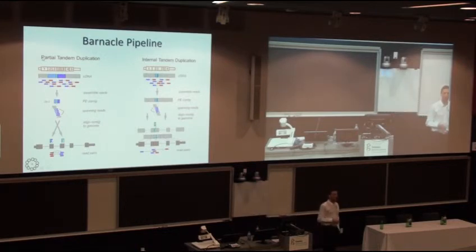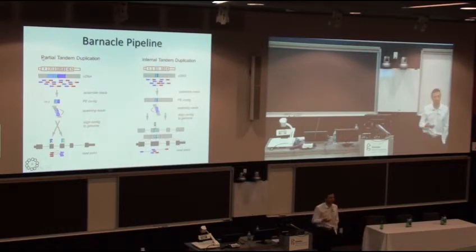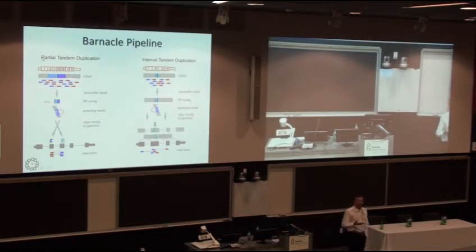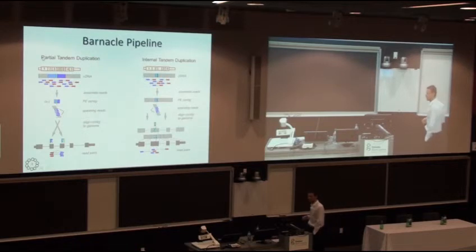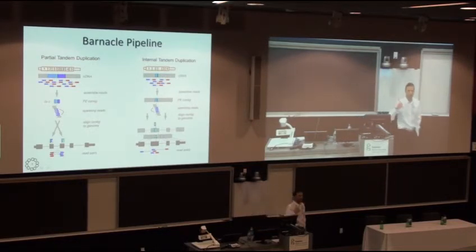Another example is the Barnacle pipeline that we built, again, based on this technology, to identify partial tandem duplications and internal tandem duplications in RNA-seq data, transcriptome sequencing data. Again, the Barnacle pipeline is unique in the sense that it is the first, and as far as we know, the only high-throughput technology that would identify these tandem duplications.